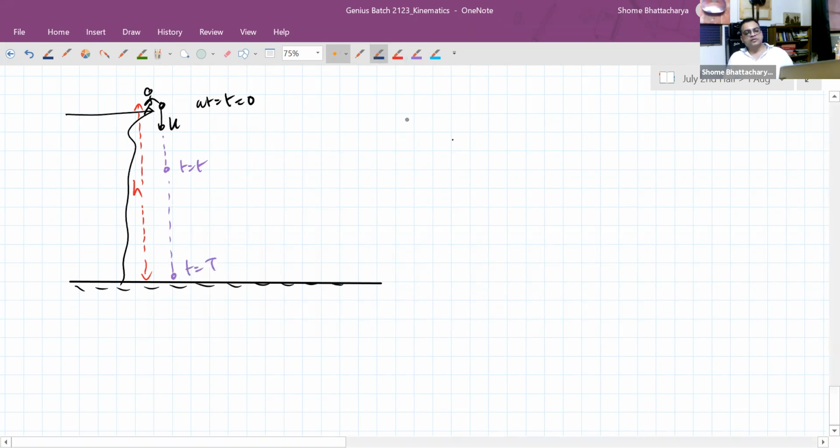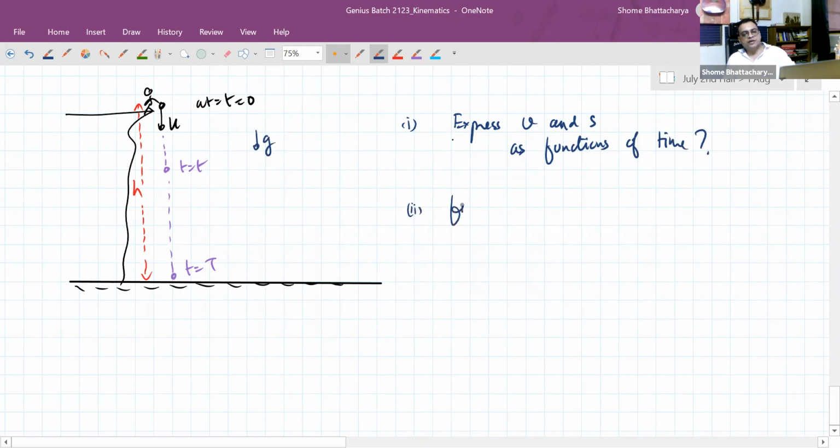Okay, so now we want to find, first of all, to express the velocity V and the displacement S as functions of time. We take the acceleration due to gravity as G, and then secondly, find capital T, time of impact, and let's say Vi, which is the impact velocity, the velocity with which it impacts the ground.